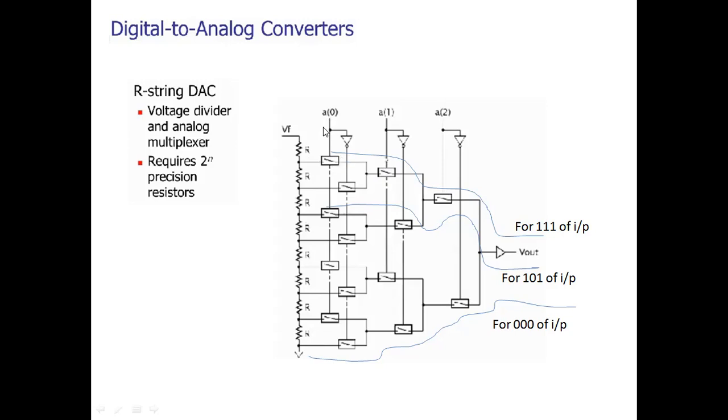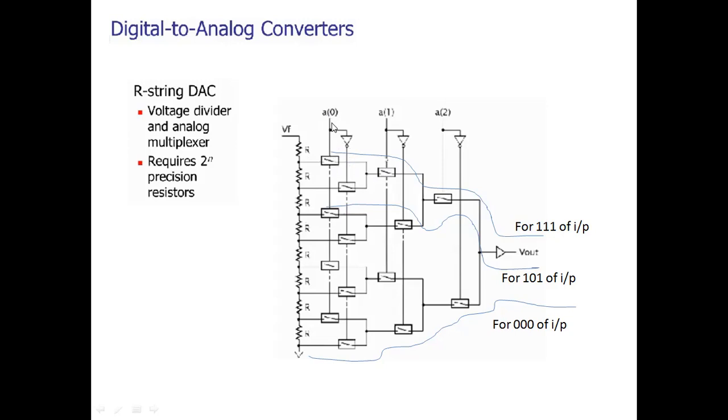Why? Because as you can see here, this line is intended for A0 equal to 1, and if A0 is equal to 1, obviously here I'll have A0 bar.